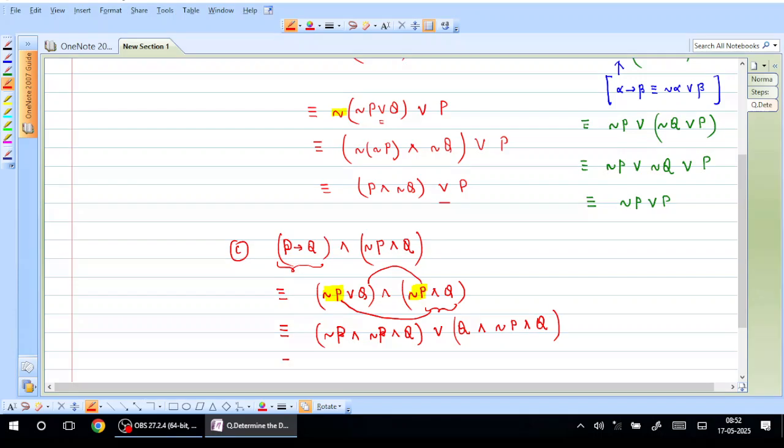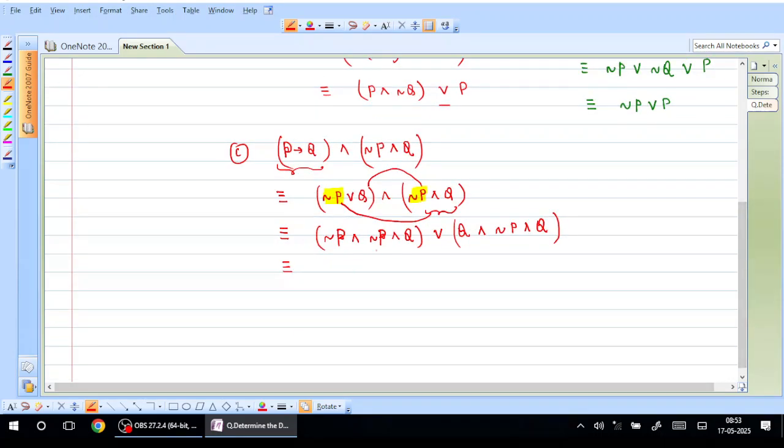So one step is only left, and that is negation of P meet negation of P. So this will become negation of P only, meet Q, and then I have join Q meet. Here Q and Q is there. I apply the commutative law, and then Q meet Q will be there, and Q meet Q is Q, and I write its meet with negation of P, and this is the required form.